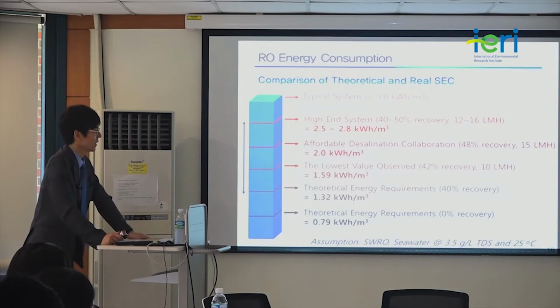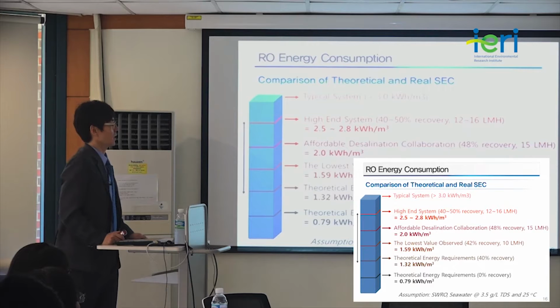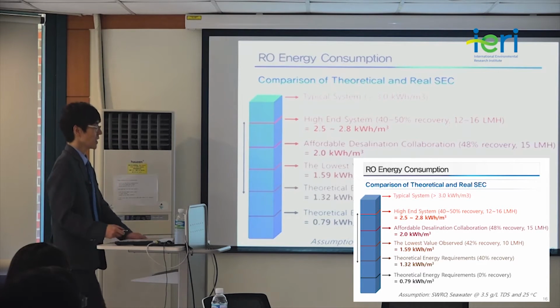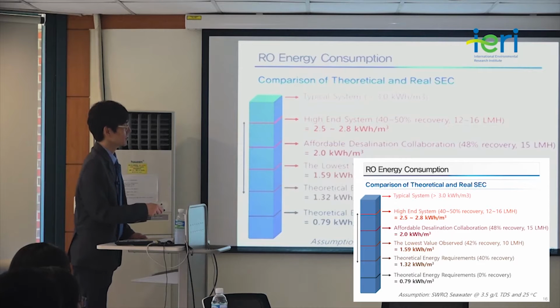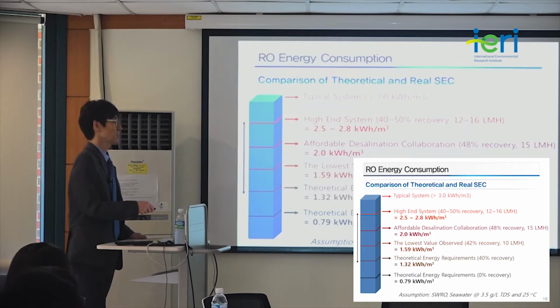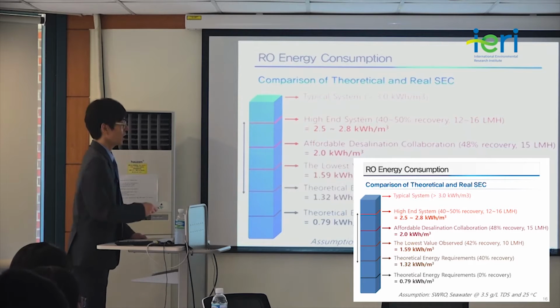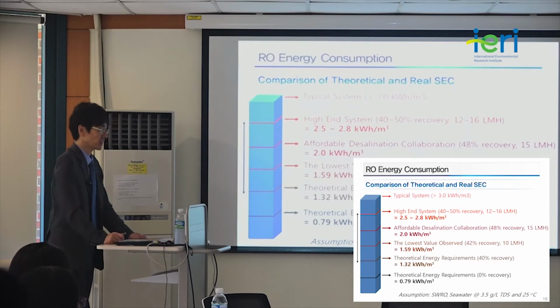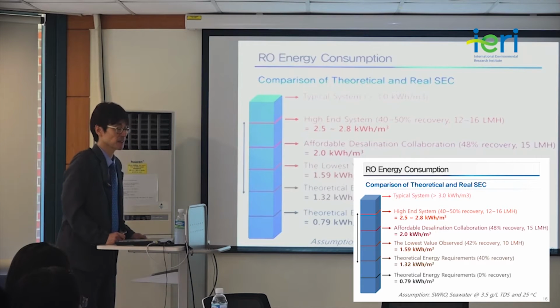This is another graph that gives you a better understanding of the situation. Again, in this case, we assume a slightly different condition. Instead of 3 grams per liter, we have 3.5 grams per liter of salt concentration in the seawater.